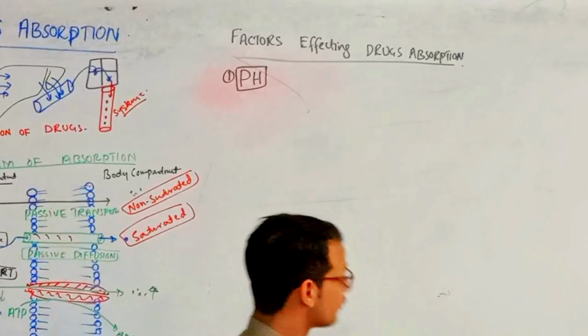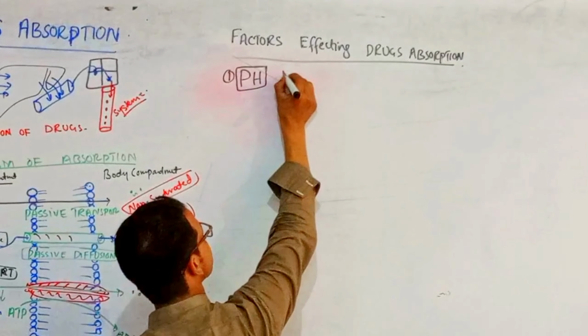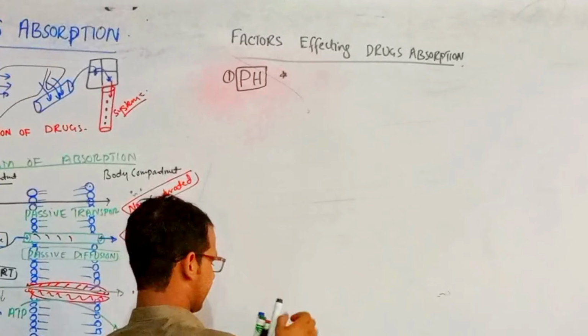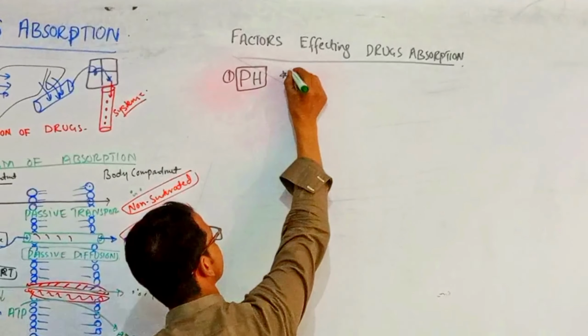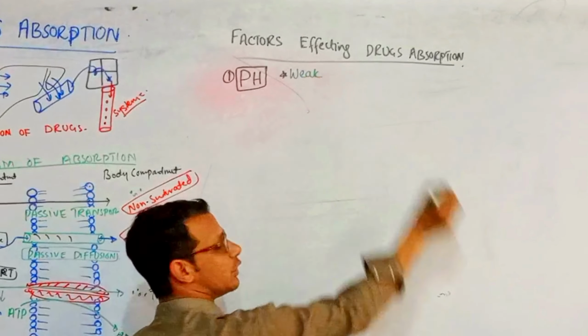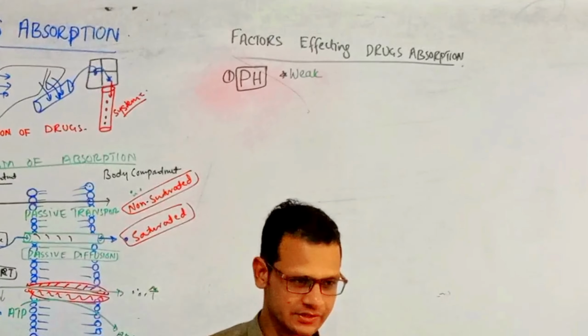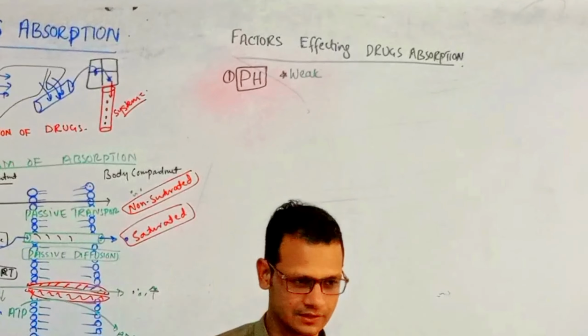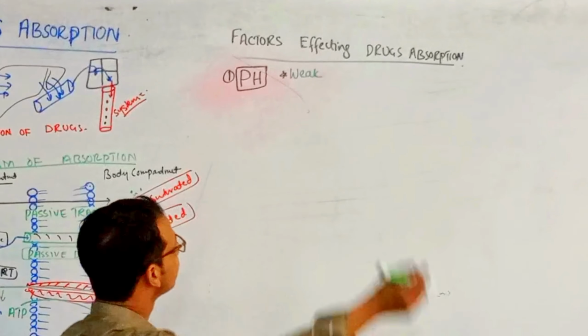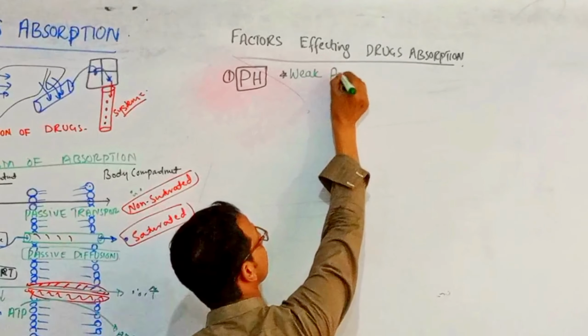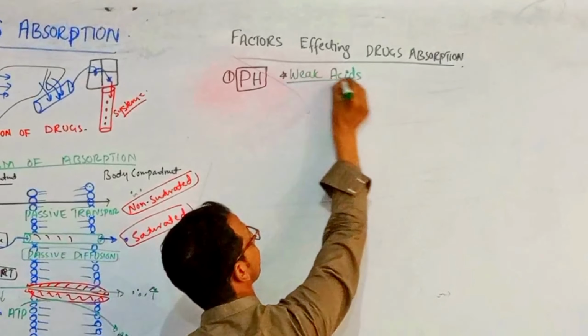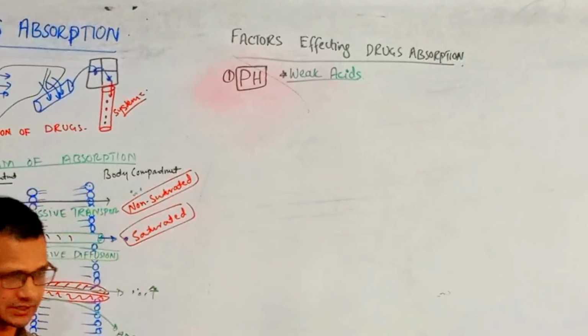For example, if we have a drug which is a weak acid, and later you will answer me why all the drugs are weak acids or weak bases, not neutral, right? Think and then you will answer me. For example, weak acids.